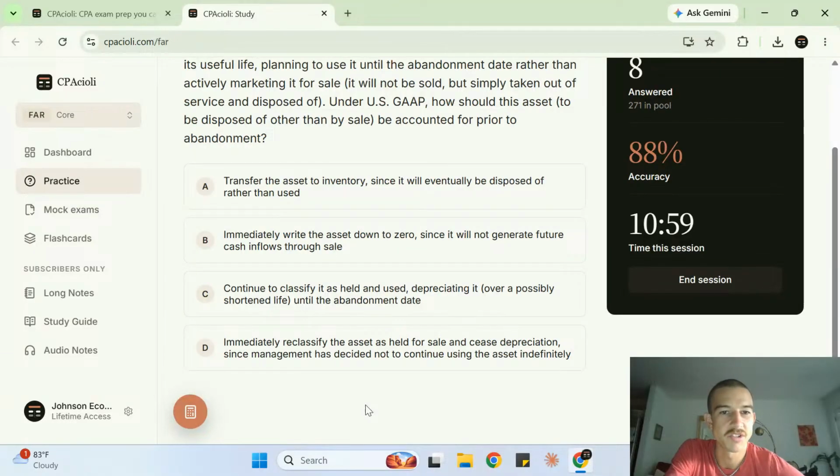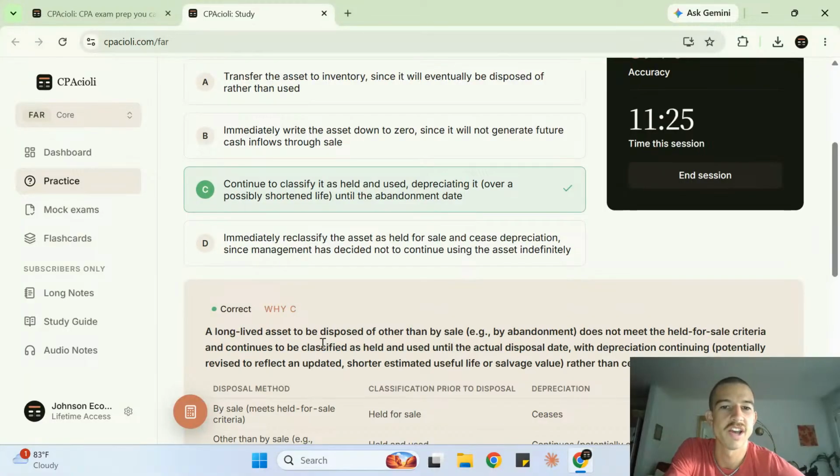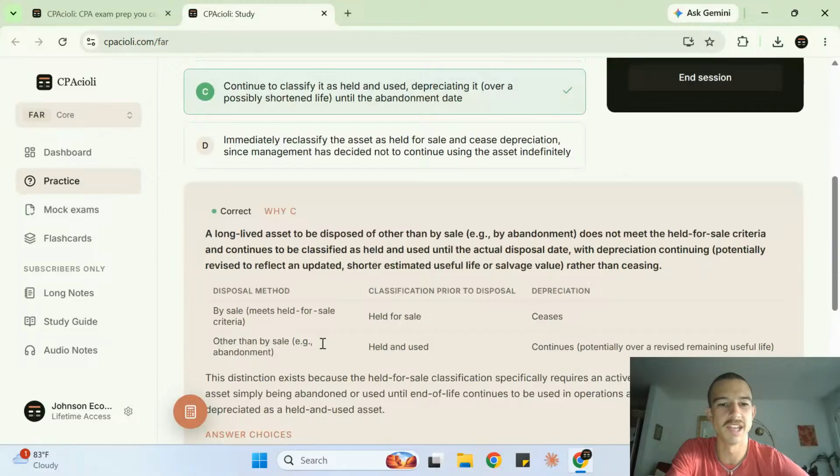Maybe D. I'm not sure. Let's see. Maybe C. Continue to classify it as held and used, depreciating it until the abandonment date.